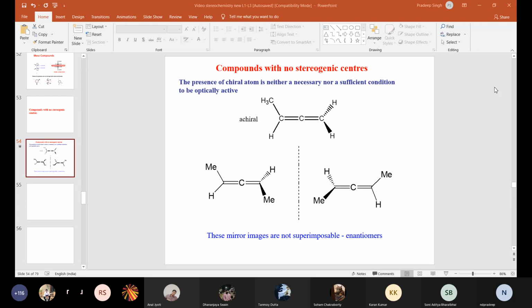Sir, on the internet, the definition of a stereogenic center is that if you exchange the 2 groups attached to it, you get another stereoisomer. That is applicable in this case, so they should be stereogenic centers. See, this definition keeps on updating. I think right now we'll keep it like this. Okay, sir, got it.